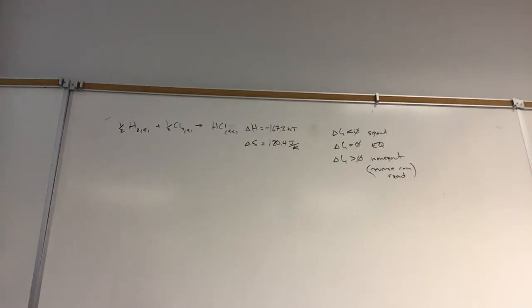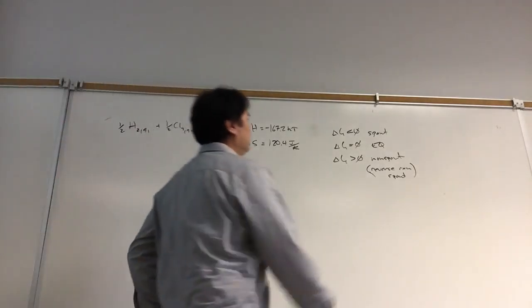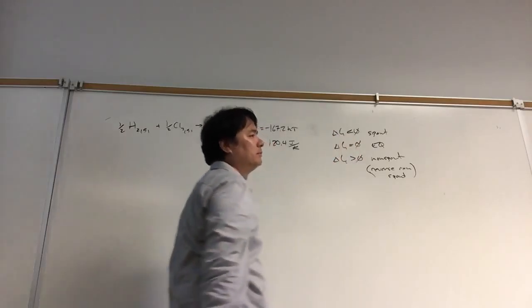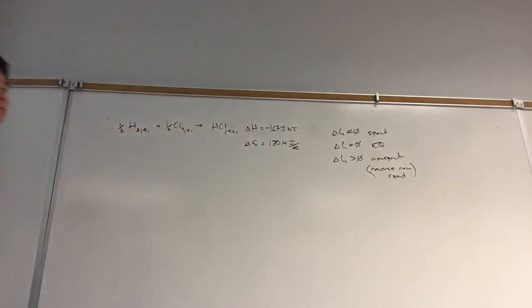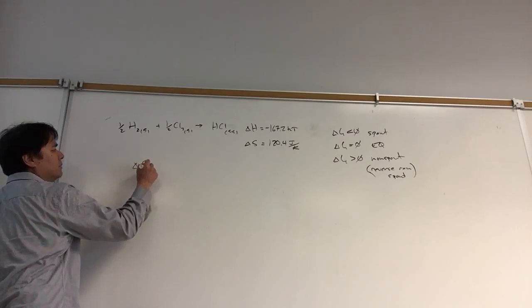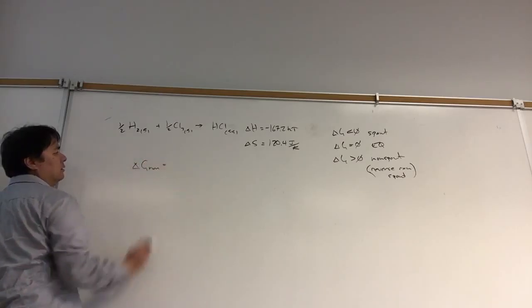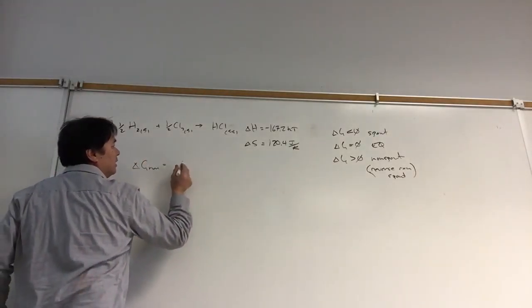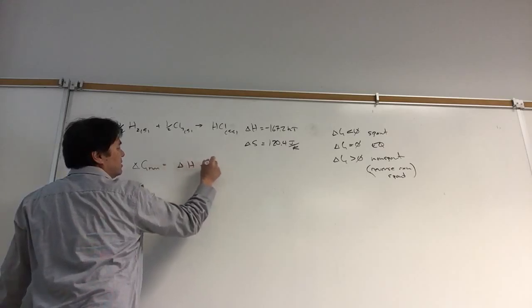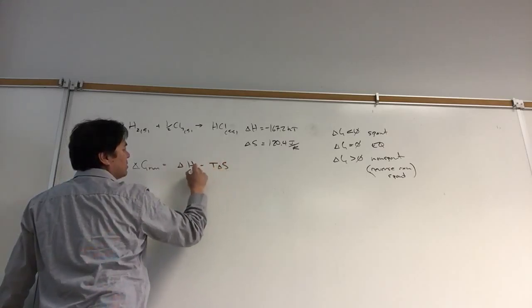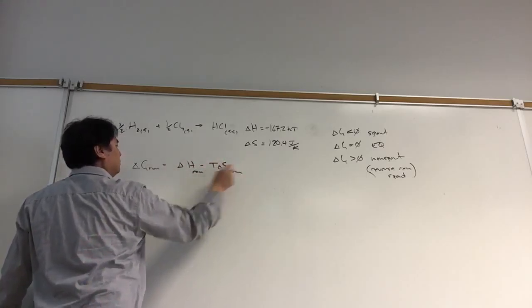So in other words, we want delta G less than 0. So let's do our delta G calculation here. Delta G of the reaction is going to equal delta H minus T delta S of the reaction, or our system.